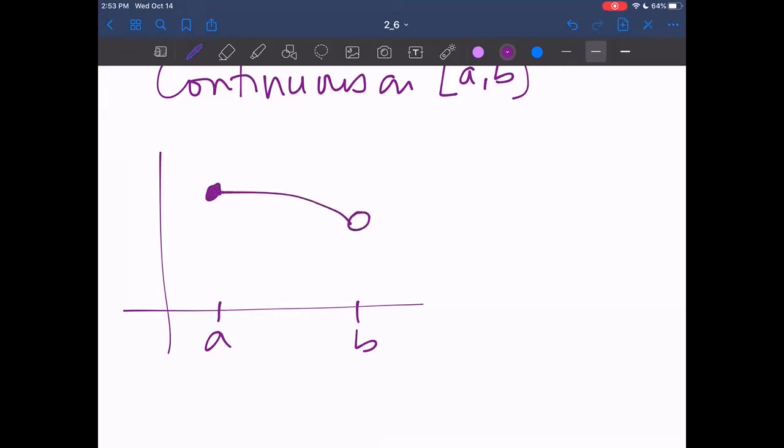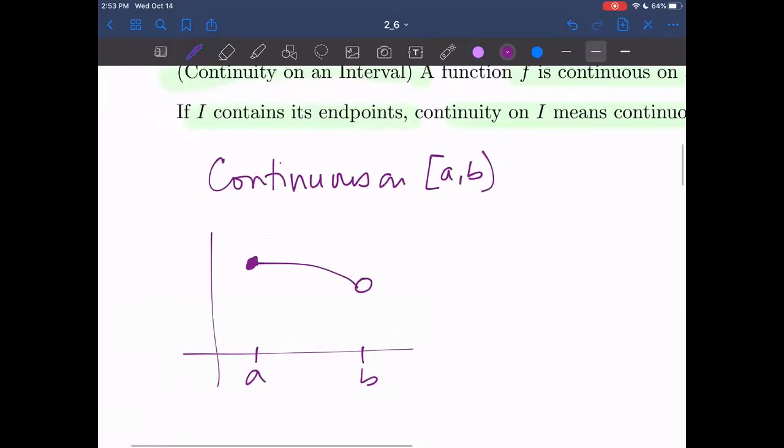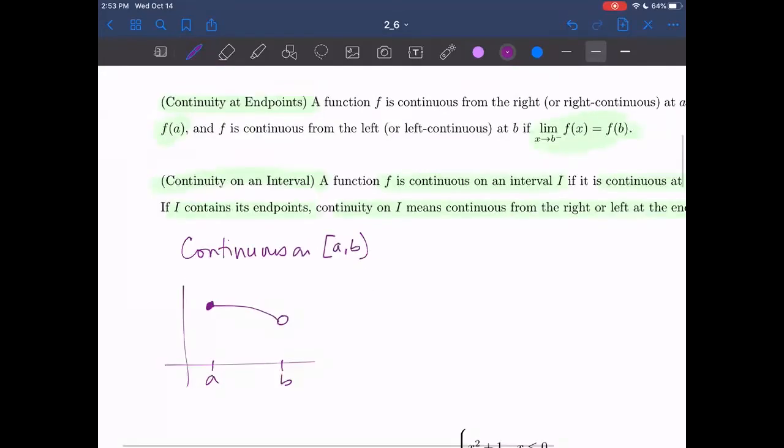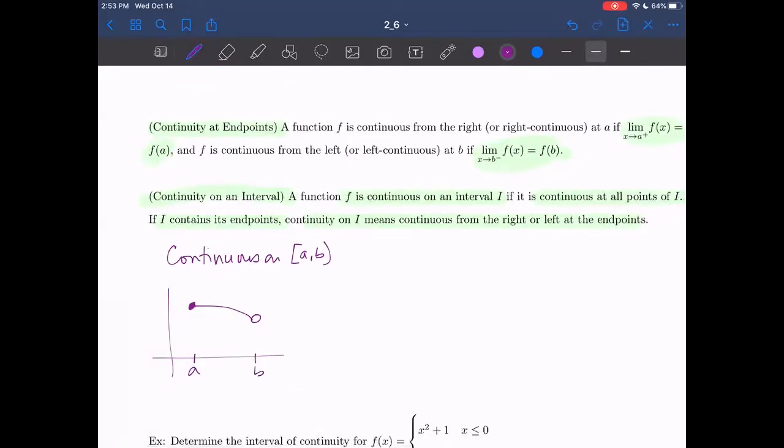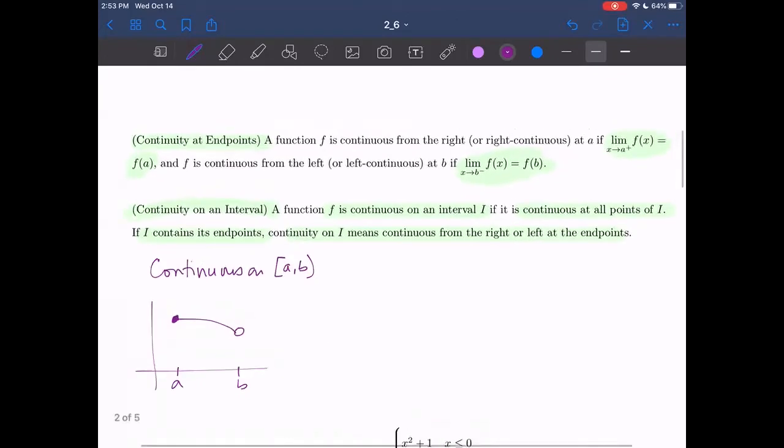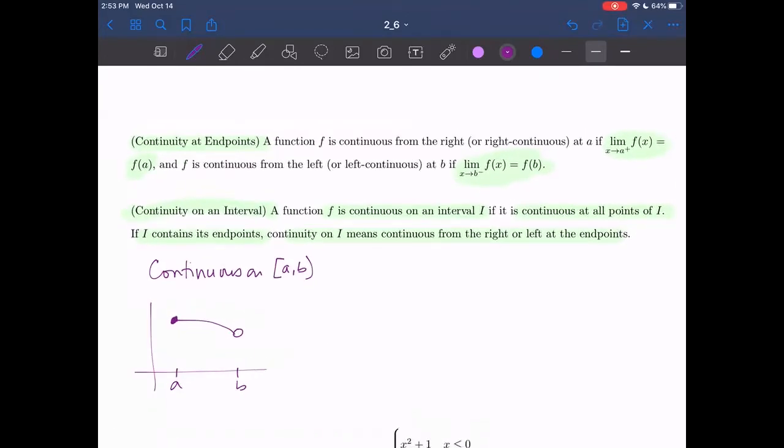And so this one would be continuous from the right. So it's continuous on this interval or at this endpoint, but not left continuous.